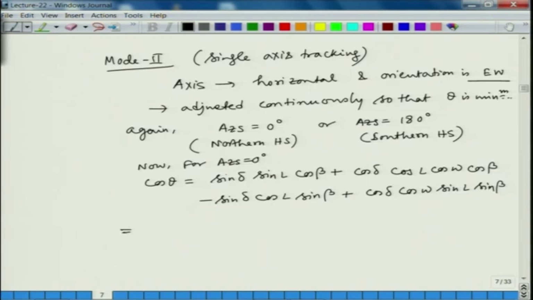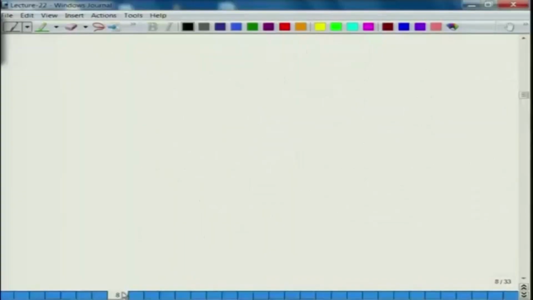Now, we want theta to be minimum, that means d cos theta by d beta we require to be 0, because beta is the only degree of freedom here. That is the tilt angle, that is what we can change. So, with respect to beta, this cos theta derivative should be 0, that is how we find the minimum point.